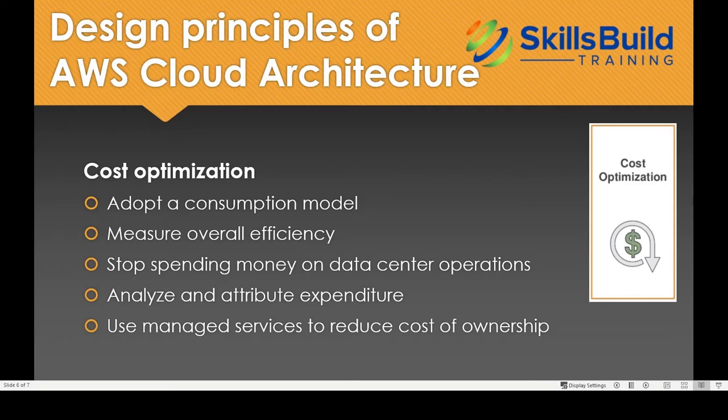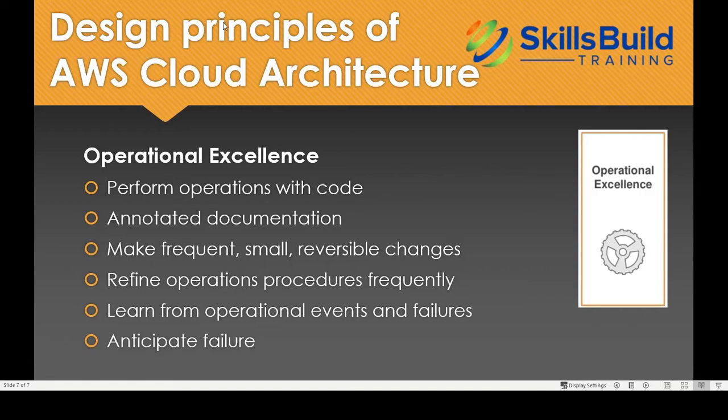Last pillar that we'll mention in this course is operational excellence, which is defined as the ability to run and monitor systems to deliver business value and to continually improve supporting processes and procedures. The operational excellence pillar focuses on running and monitoring systems to deliver business value and continually improving processes and procedures.